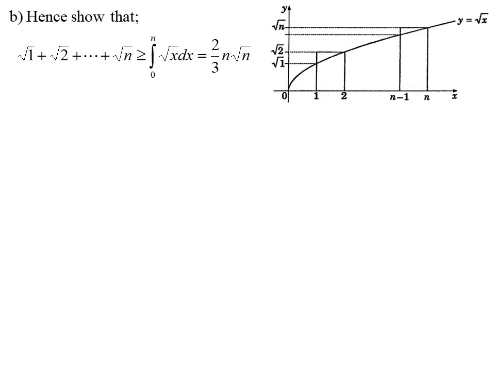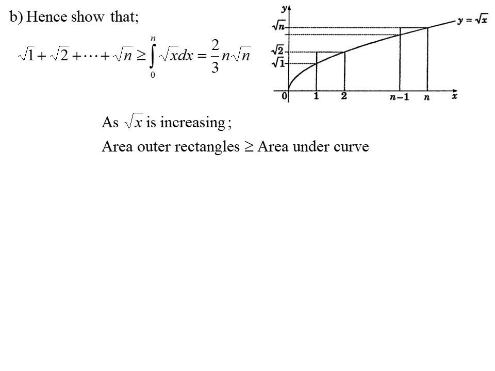Okay, there's the graph they gave us, the picture. And this is why they drew the rectangles in. It's to give us that idea. If you remember when we looked at integration, we used the idea of outer rectangles and inner rectangles and things like that. Well, they've drawn those outer rectangles in. So what we could say is that the area of those outer rectangles, because the curve's increasing, will always be greater than or equal to the actual area under the curve.